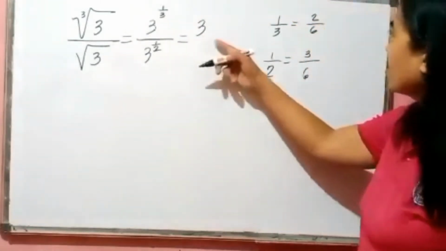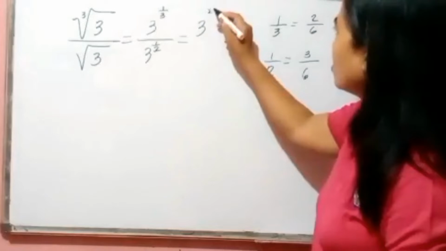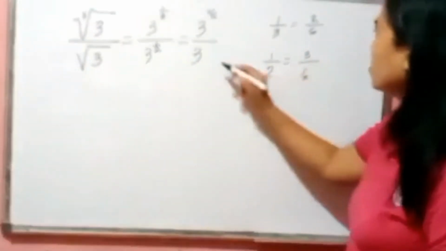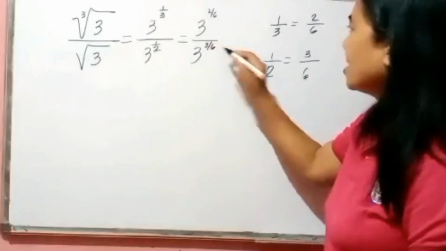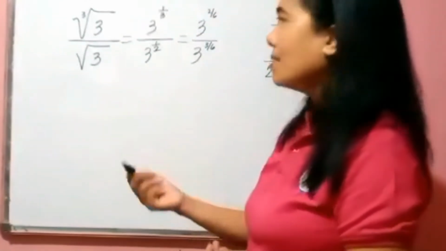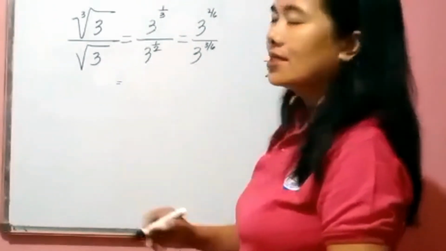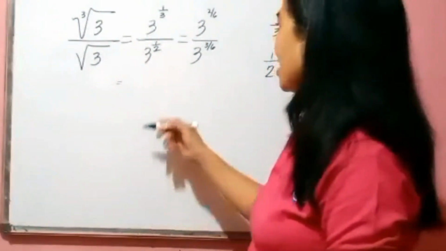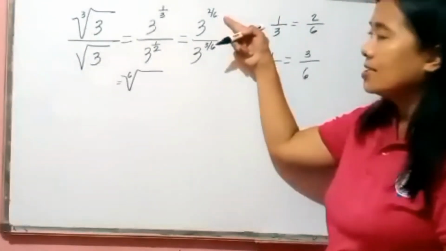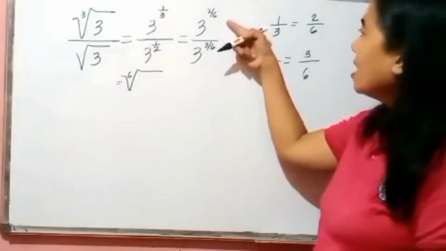So, meron tayong 3 raised into 2/6. And 3 pa din raised into 3/6. Dahil pareho na sila ng denominators, pwede ka nang bumalik, transform them again into radicals. So, 6, this is coming from the denominator of your exponent, ha?